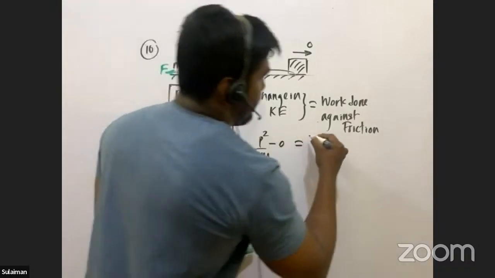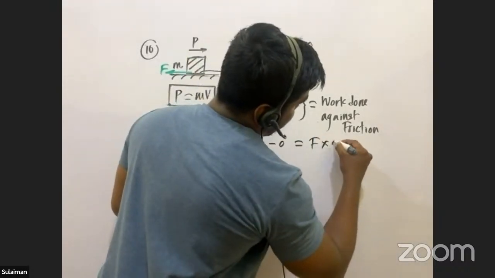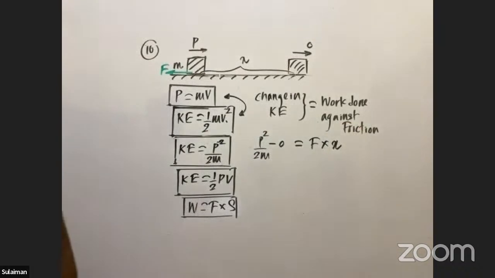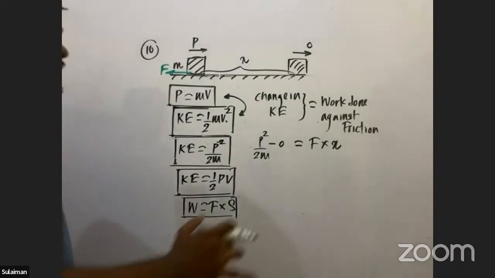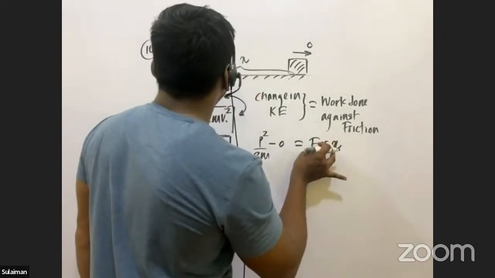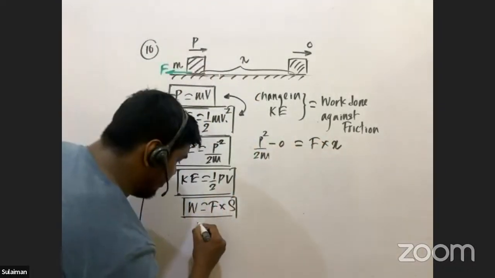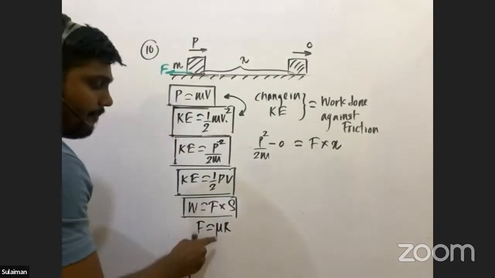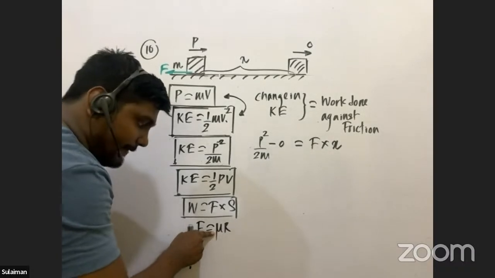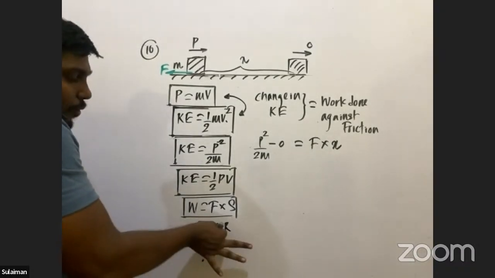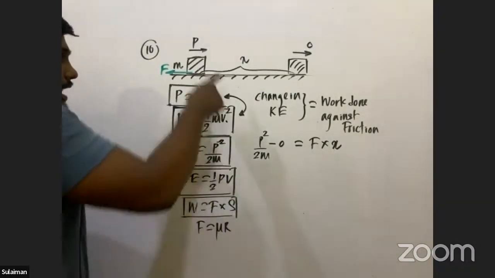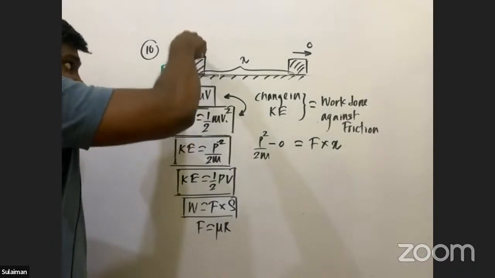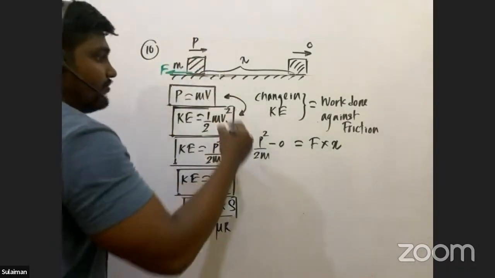Frictional force, capital F, into x. What we want to find is the coefficient of friction between the object and the table. Capital F means friction force. We know frictional force equals mu into capital R. Mu means coefficient of friction between the surfaces, and capital R means normal reaction force. In this case, the normal reaction force equals weight, mg.